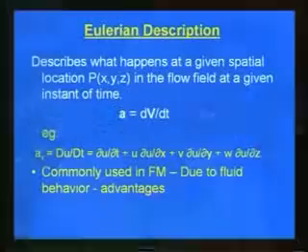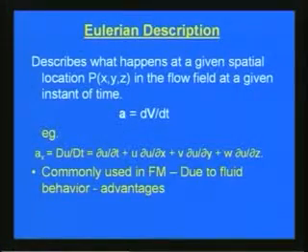The second kind of description is called the Eulerian description. Here we analyze what is happening at a given spatial location in the flow field.